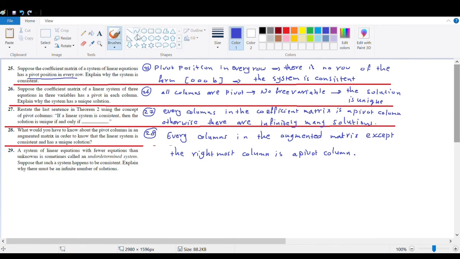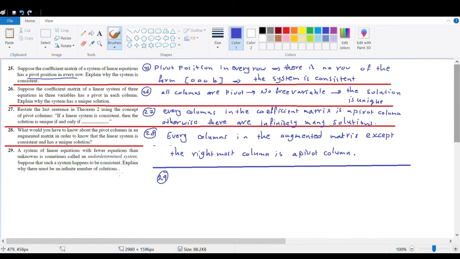Now for 29. A system of linear equations with fewer equations than unknowns is sometimes called an underdetermined system. Suppose that such a system happens to be consistent.